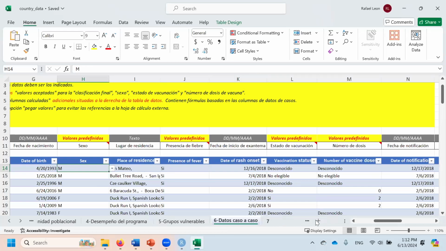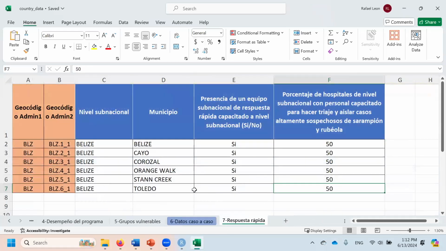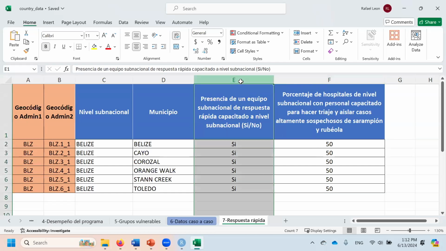Finally, on sheet 7, we compile information on rapid response. At this last tab, rapid response, the two variables ask for information at the sub-national level and not at the level of municipality. For example, the first variable is on the presence of a trained rapid response team at the sub-national level.